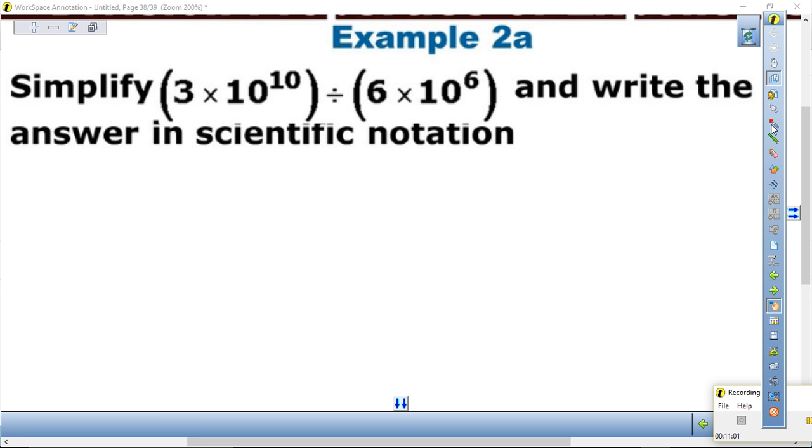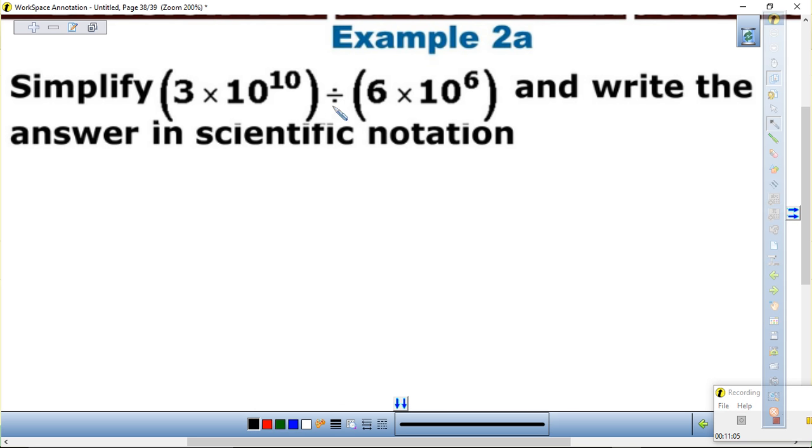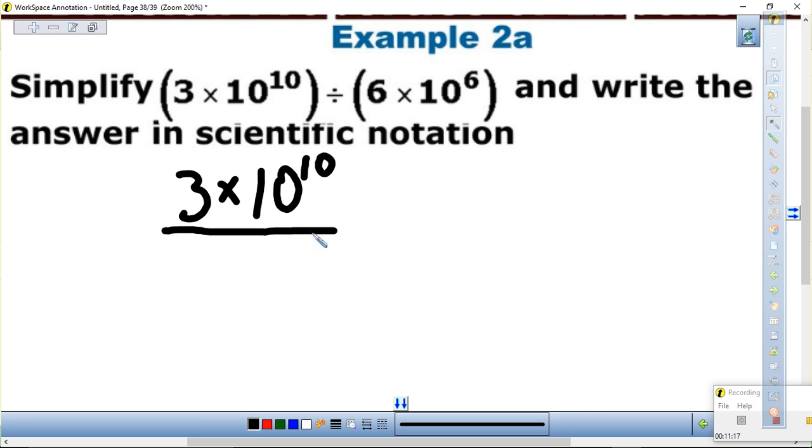All right, here we go. Look up to the screen. Let's do this one together. Isn't it division? Yes. So let's set it up how we had the other one set up. We write 3 times 10 to the 10th divided by 6 times 10 to the 6th. Does that look familiar now? Yes.